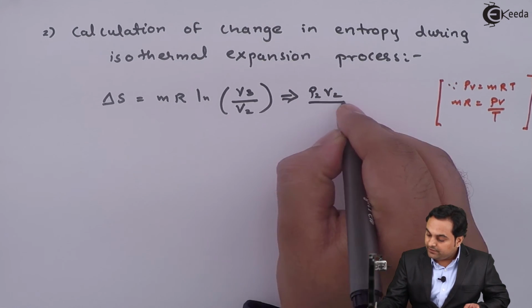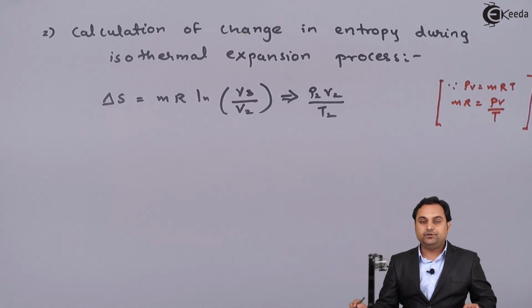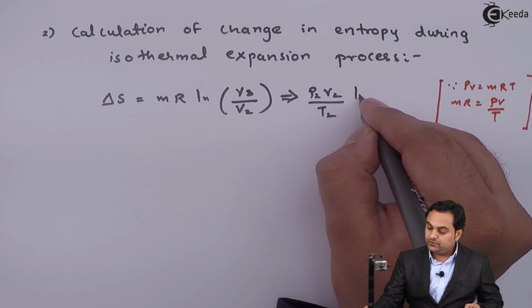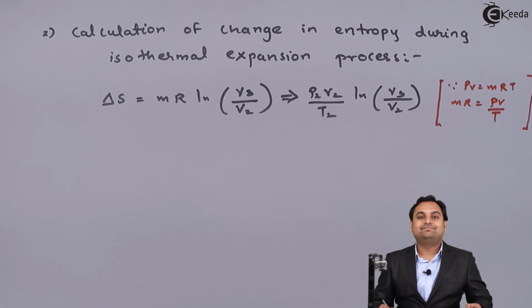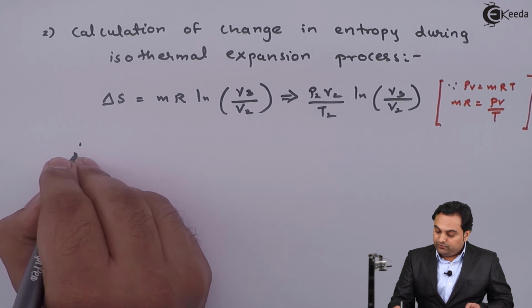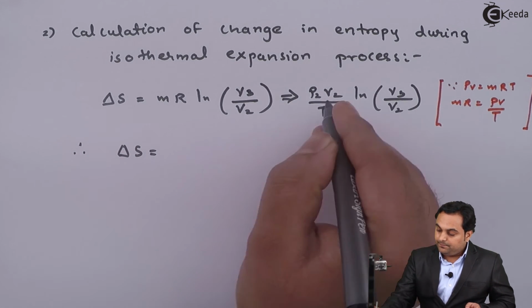Instead of mR, it can be written as P2V2 upon T2, and this will remain as it is, ln of V3 by V2. So therefore delta S will become P2 V2 upon T2 into ln V3 by V2.